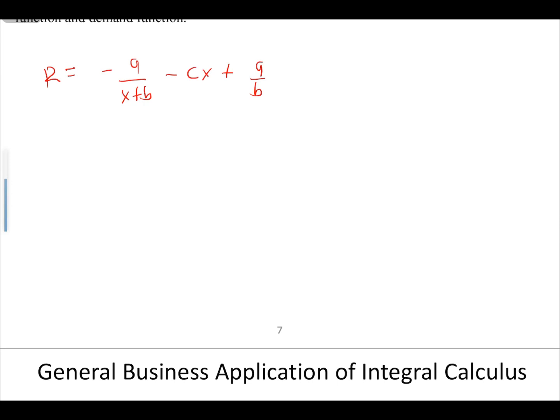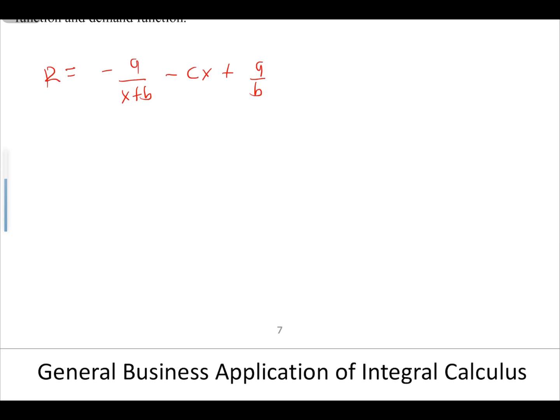So what did they tell us that we should find? They said we should find the demand function. But can we further simplify this? We don't know.